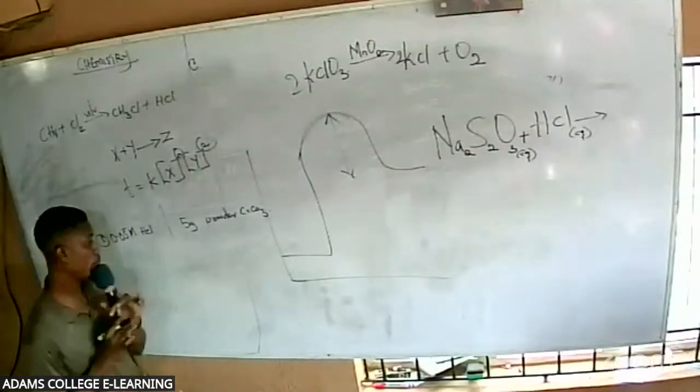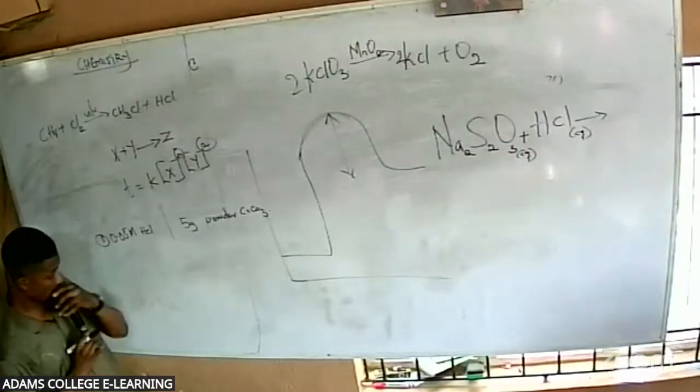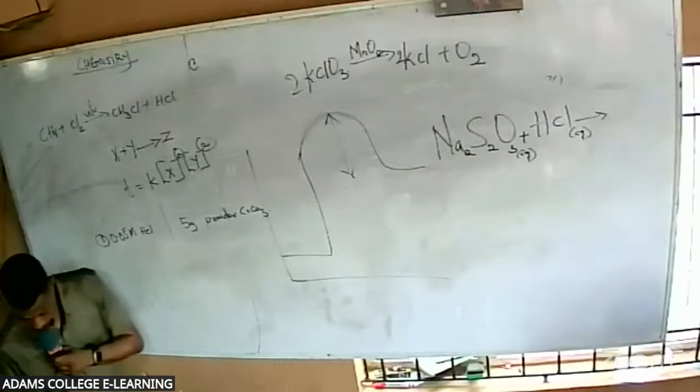Option A is 0.05 mole per dm cube of HCl and 5 gram of powdered CaCO3.